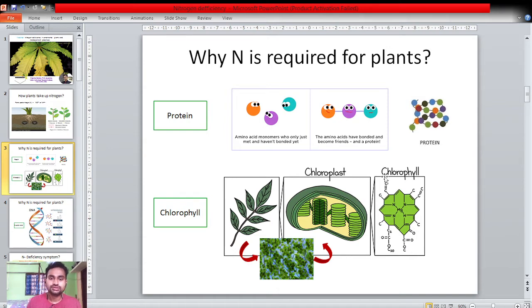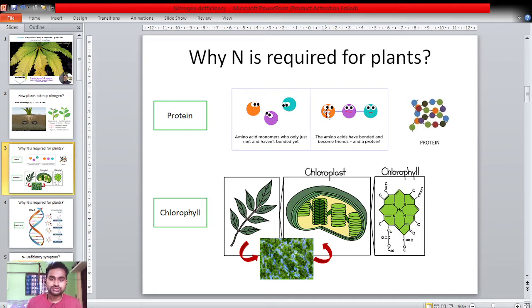These amino acids come together and form the protein. In this case you can see three amino acids in the first picture, and then they get bound, and like that many amino acids bind, and after that they form the shape of the protein.